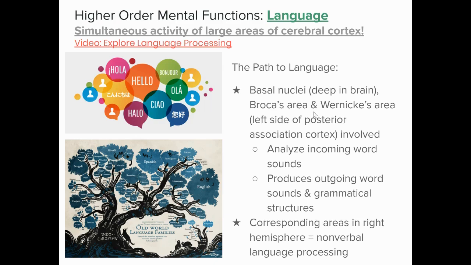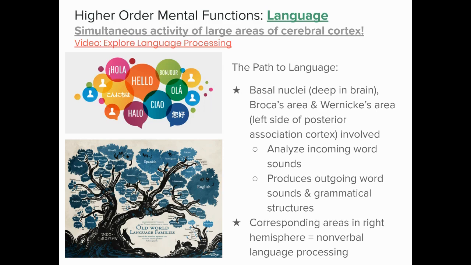The basal nuclei is deep in the brain. Broca's area and Wernicke's area are on the left side of the posterior association cortex. Those are involved in analyzing incoming word sounds and producing outgoing word sounds and grammatical structures. So your brain is a big part of this.